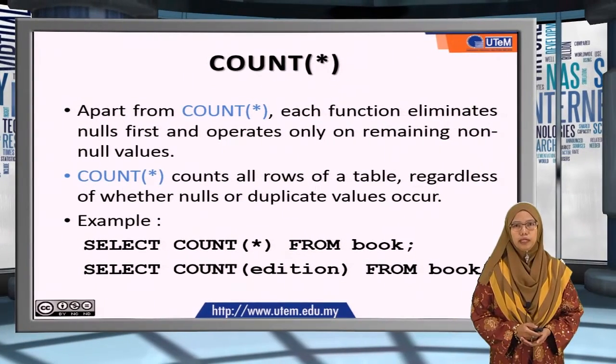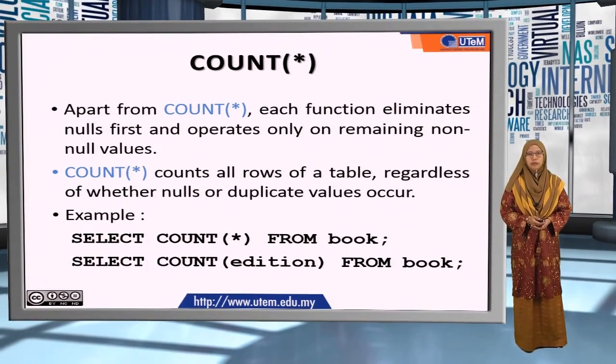Now, we will look at the difference of count all with other aggregate functions. Apart from count all, each function eliminates null first and operates only on the remaining non-null values. Count all is a special use of count that counts all rows of a table regardless of whether nulls or duplicate values occur.